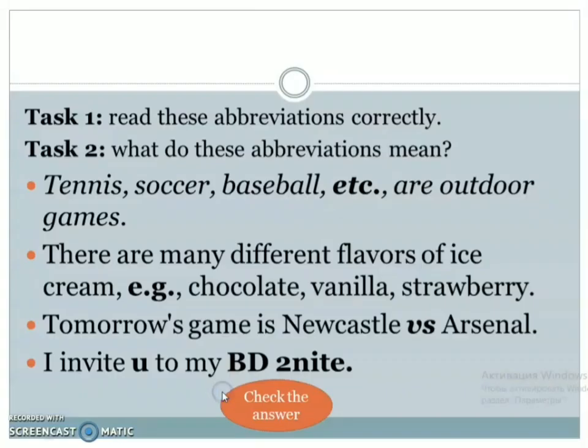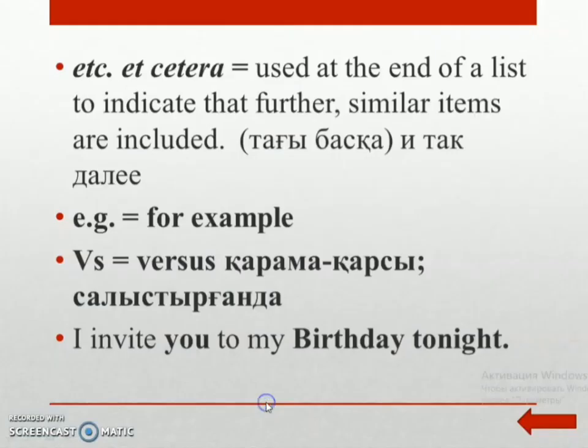English 400. Task 1. Read these abbreviations correctly. Task 2. What do these abbreviations mean? Etc. Used at the end of a list to indicate that further similar items are included.